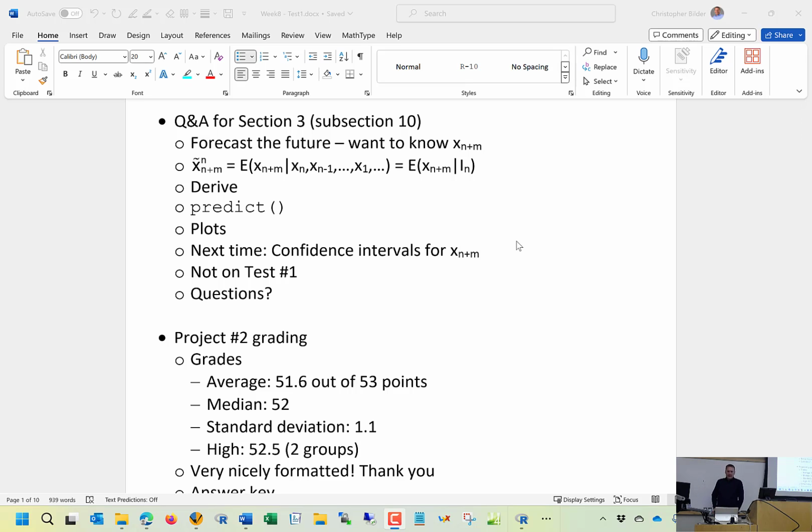So for today, you needed to examine the first subsection of 2 subsections on forecasting. Now, that's one of the main purposes of doing time series analysis, to forecast the future.